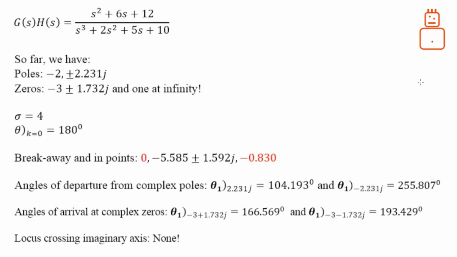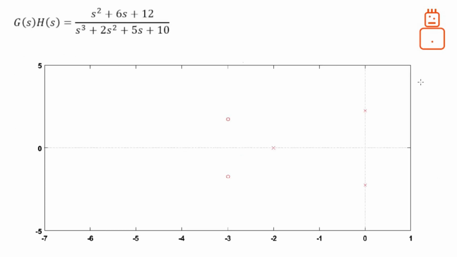Okay, let's start doing the root locus plotting. We have the map of the poles and zeros. Let's start adding the information we got so far. We have the sigma, or the position of the asymptotes at 4 somewhere here, with the asymptote angle of 180.